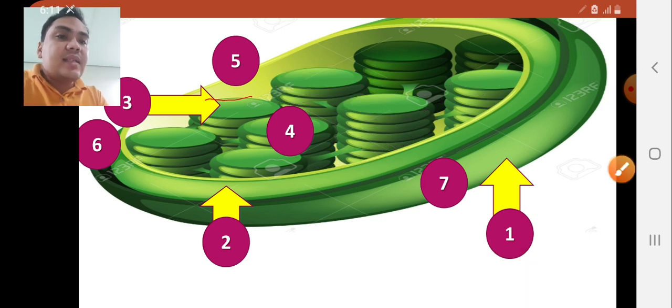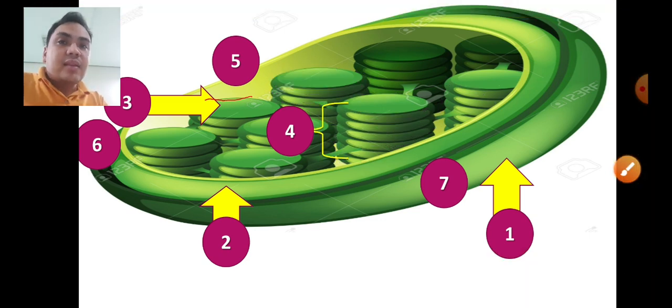That is the fourth part. Thylakoids that are ordered in a columnar arrangement are known as the grana.